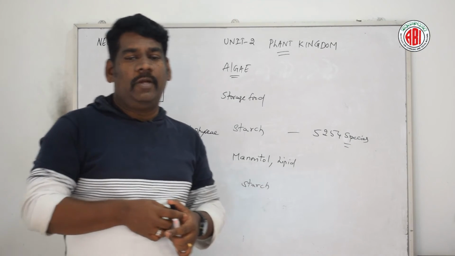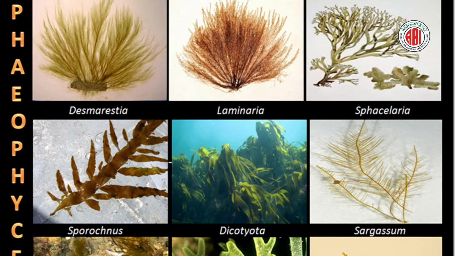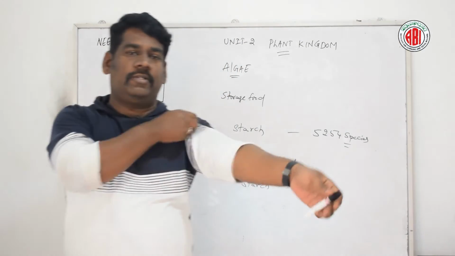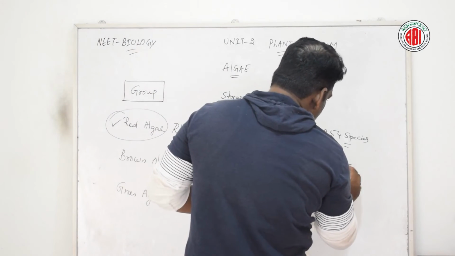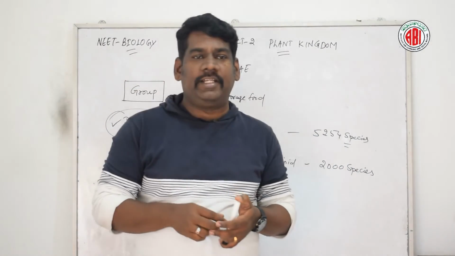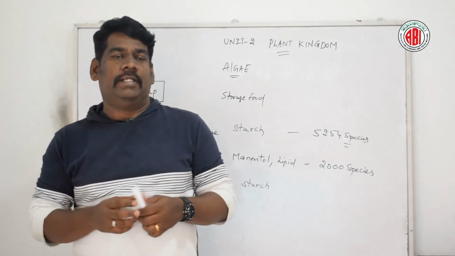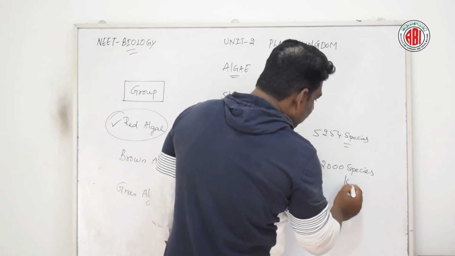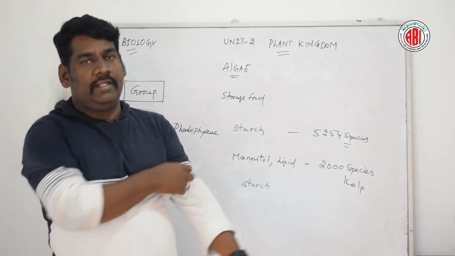Now let us talk about brown algae or Phaeophyceae. Phaeophyceae, also called brown algae, include about 2000 species, which include multicellular forms ranging in size up to the giant kelp that can grow more than 60 to 70 meters under the water in the ocean.